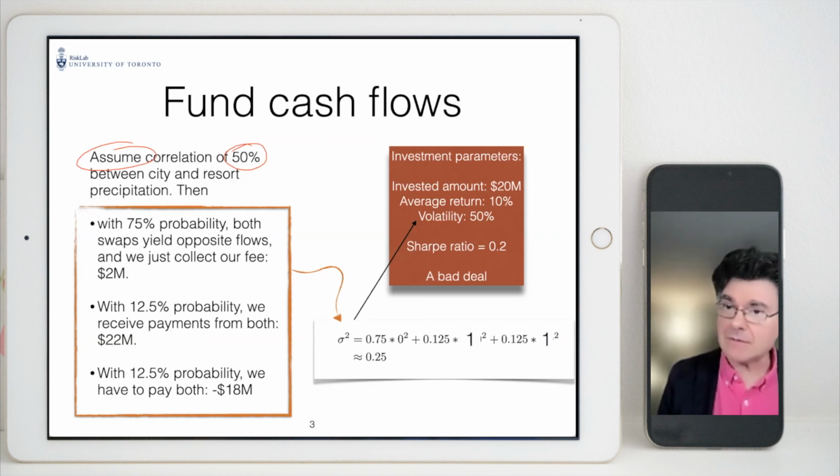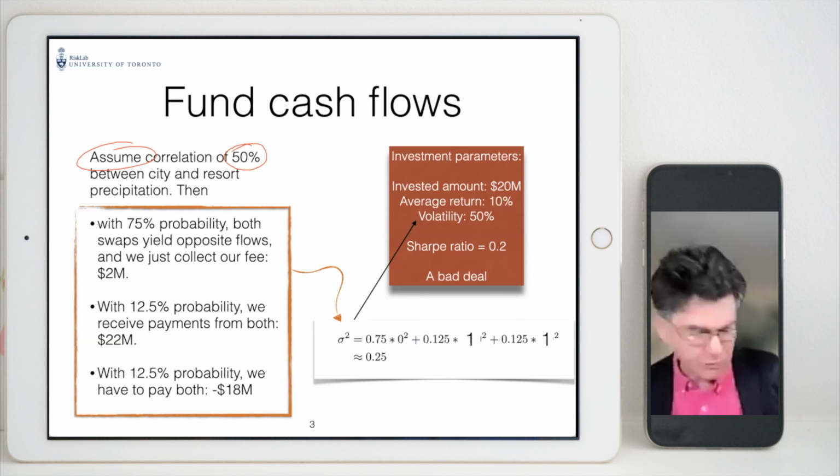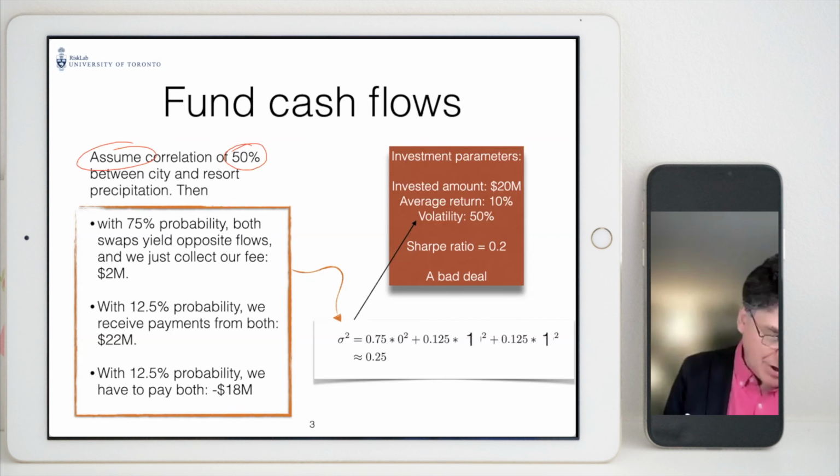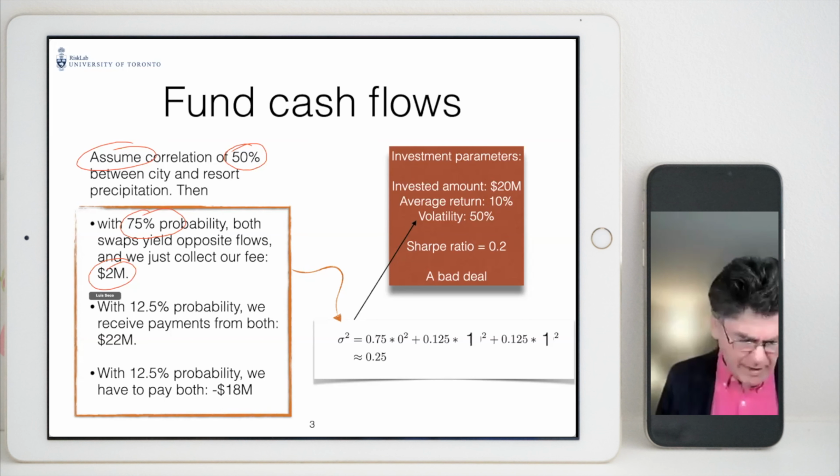And then I said, well, with a 50% correlation between these two unknowns, I have a 75% chance that I make $2 million. And I have a 12.5% chance that I make $22 million. And I have a 12.5% chance that I lose $18 million. Remember this? We showed it months ago. Remember this?